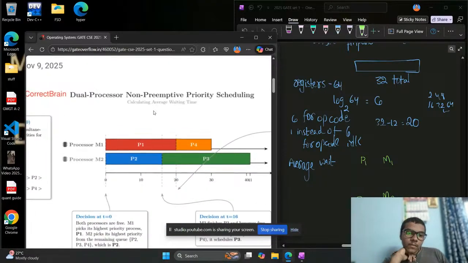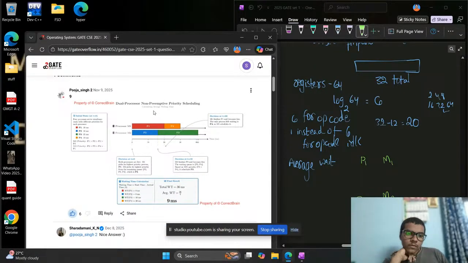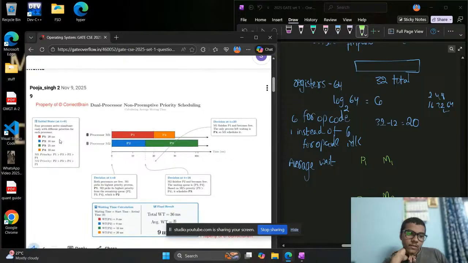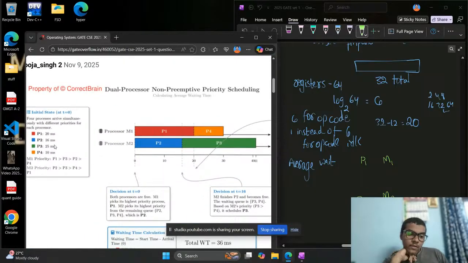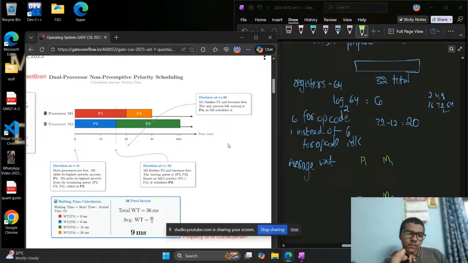Dual processor non-preemptive scheduling. Okay, initial: P1 20 ms, P2, P3, P4. I kind of understand what's going on.